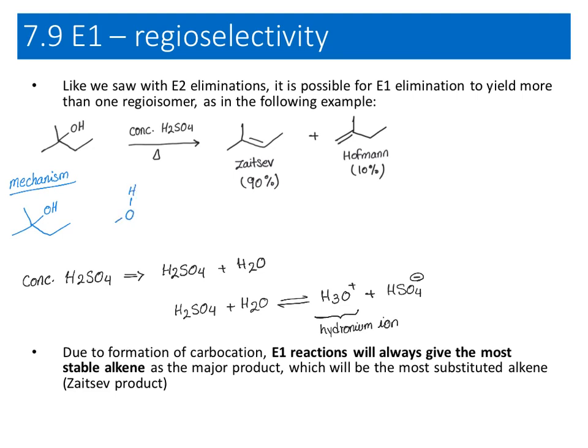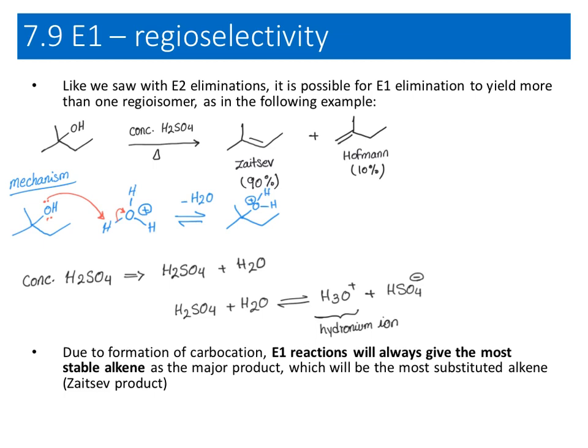So OH will attack the acid to take the proton through acid and base reaction. So we are going to form this intermediate. Oxygen with 3 bonds is positively charged, and here we have water that leaves. And so now we converted the OH to the good leaving group, which is water.